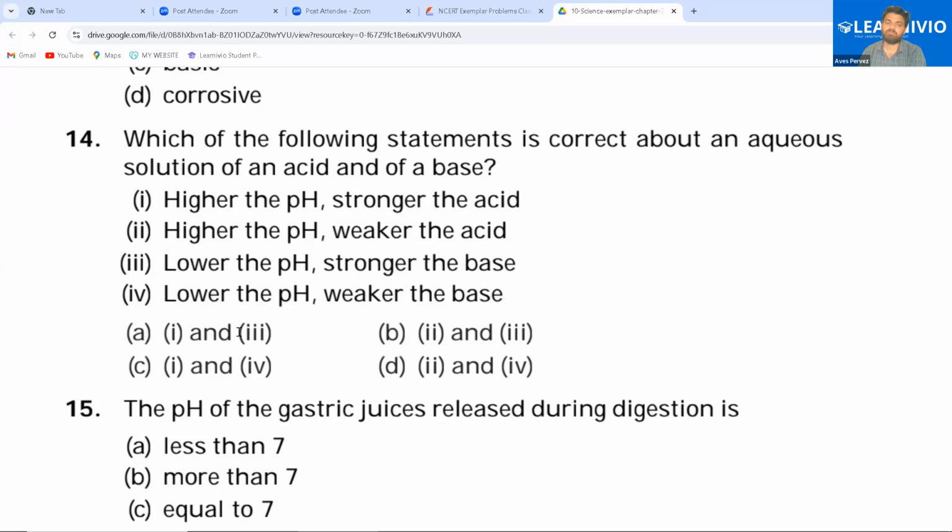It's option D. Higher the pH, stronger is the base. Lower the pH, weaker is the base.